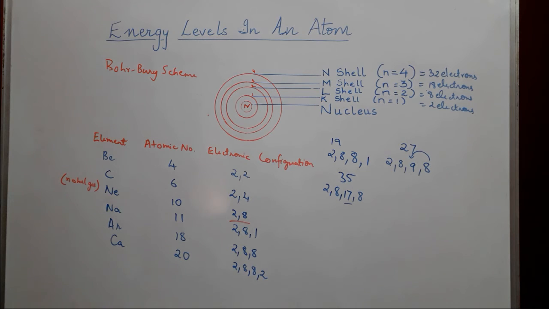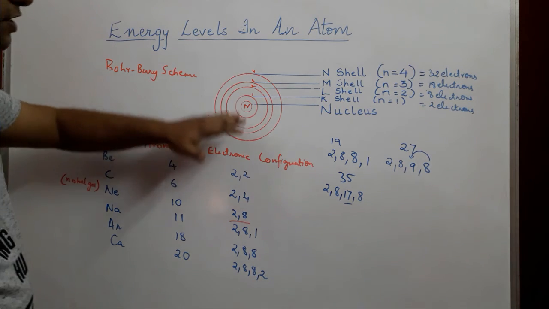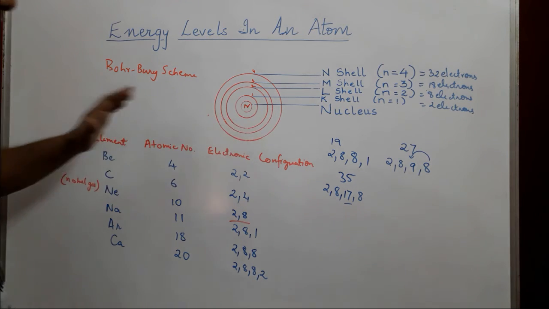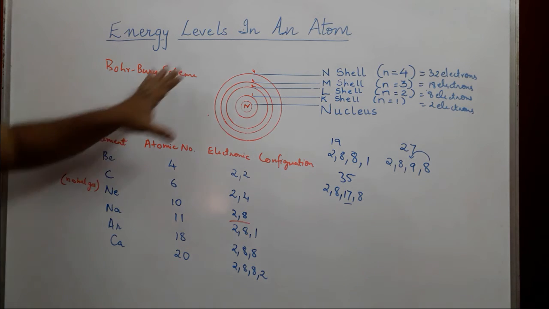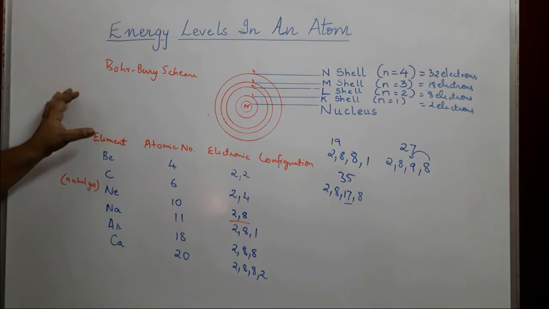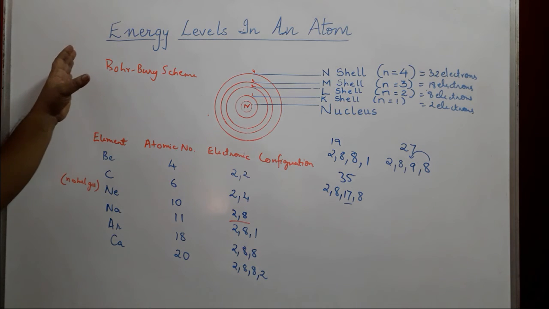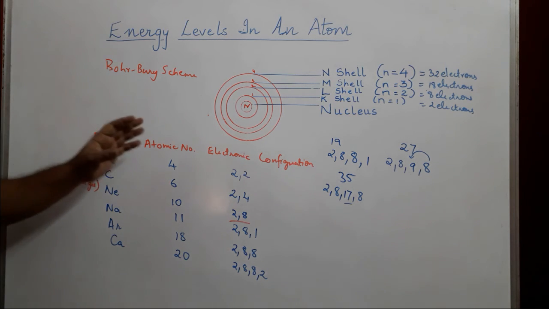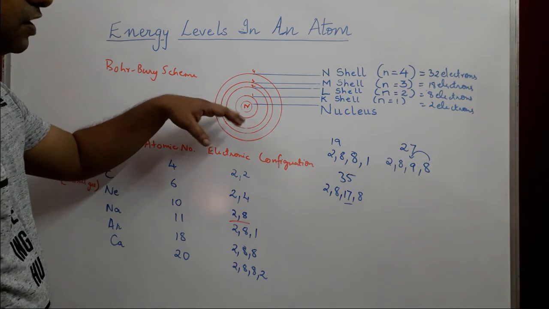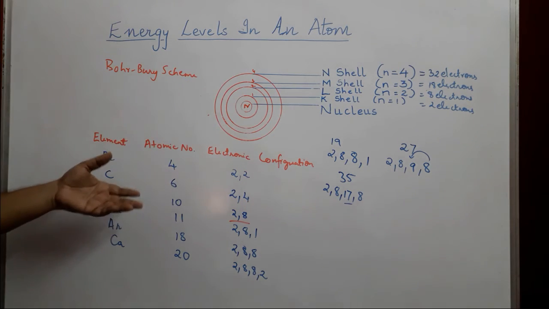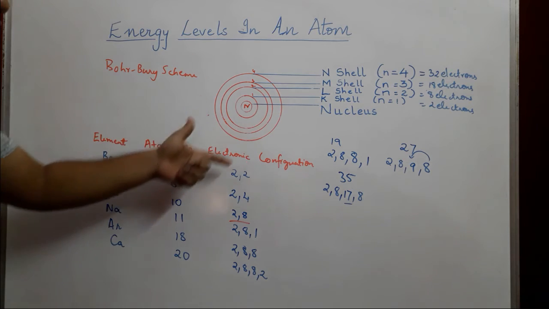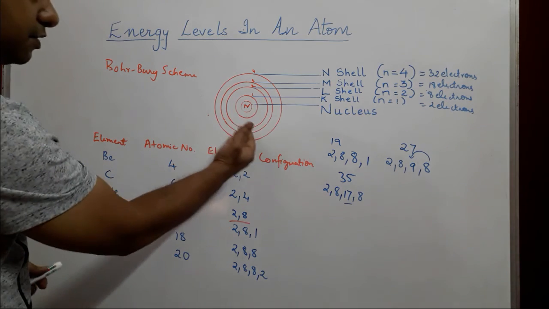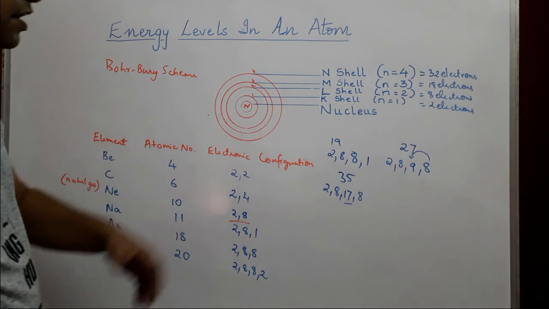So we have seen how we have different energy levels present within an atom. We have gone through the concept of electronic configuration and how the Bohr-Bury scheme helps us to understand how the electrons fill up various shells or orbitals that are present within an atom.